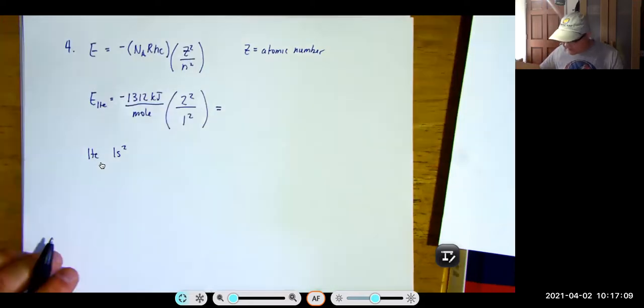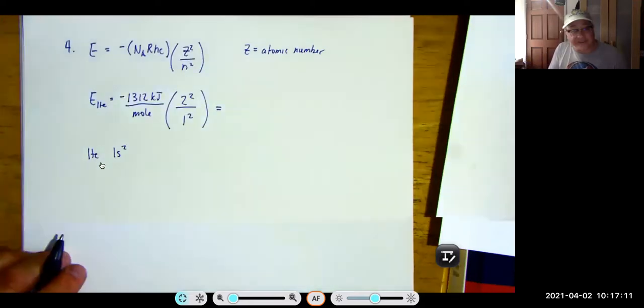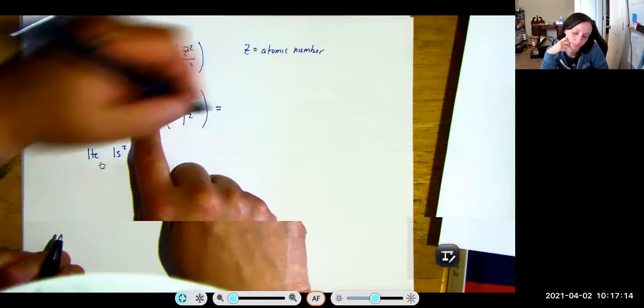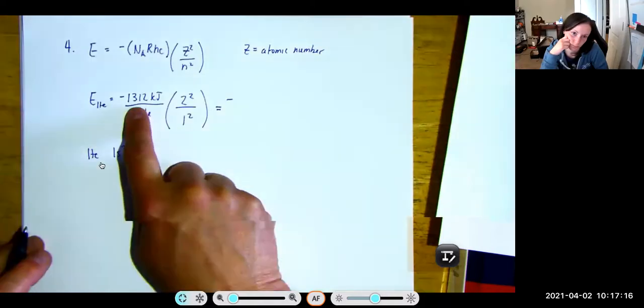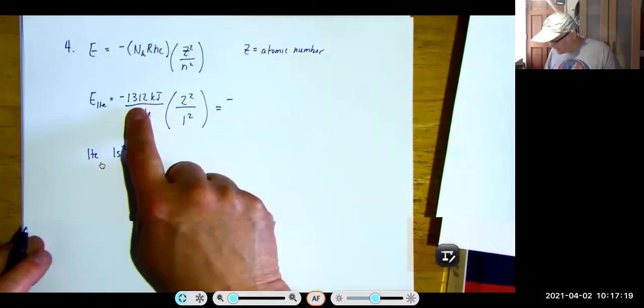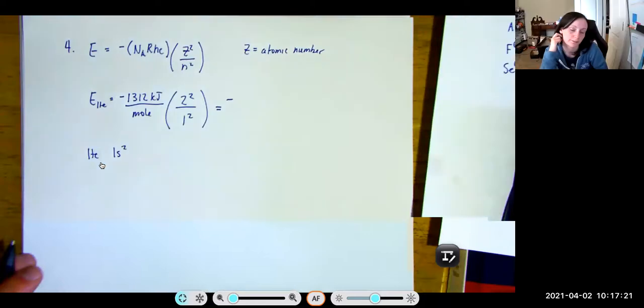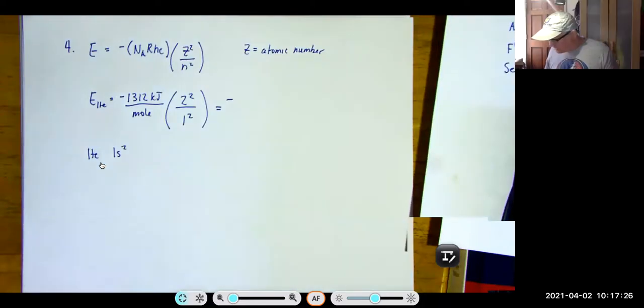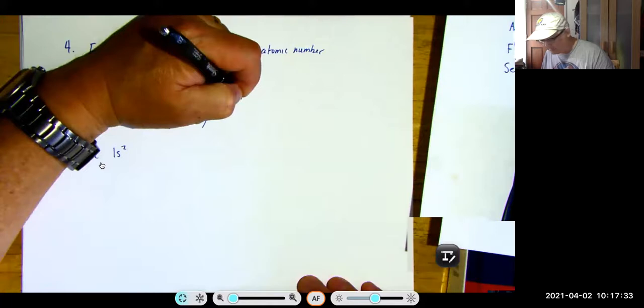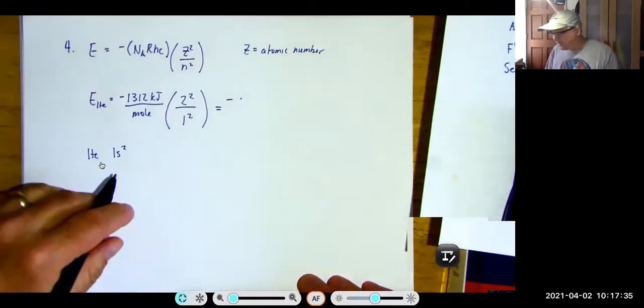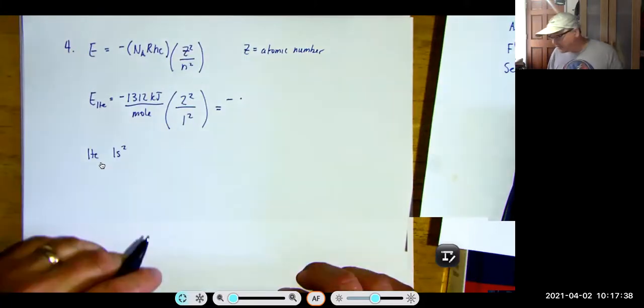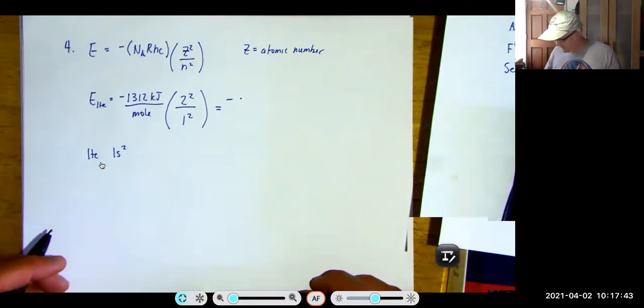You can see that this answer is basically going to be 4 times this, but negative. So 4 times this puts it at around 5,200 or something. 1312 times 4 is... I knew my answer had to be wrong because it came out to be 1316, so I added 4 to it instead of multiplying by 4.